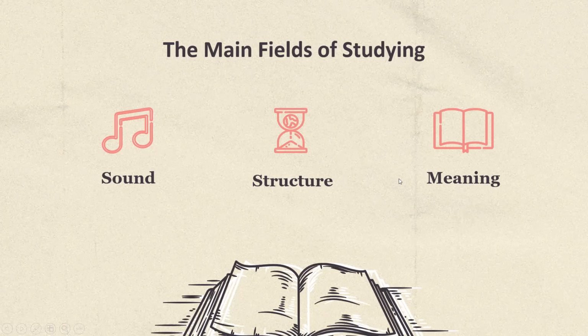So here are the 3 main fields: sound, structure, and meaning. Each type of study has two branches. A branch معناها فرع، okay, فرع أساسي, main branch. و sub branch معناها فرع يعني مش أساسي.